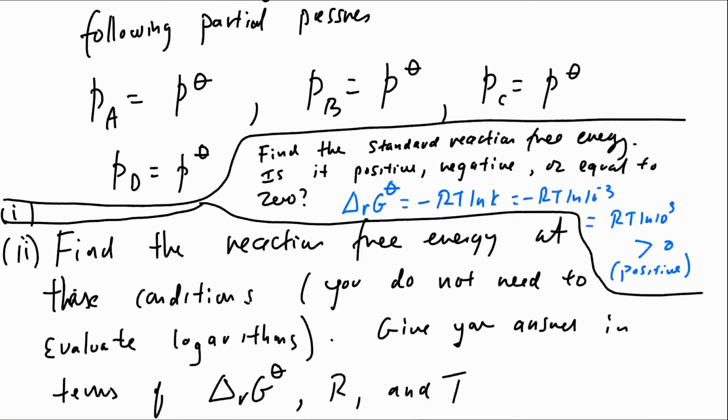for the standard state, because we know, and again it'll be on the back of the exam if we don't, that the standard reaction Gibbs free energy is minus RT log K, which is minus RT log of 10 to the minus third. It would be easy to take that logarithm if it was e to the minus third, but it's 10 to the minus third. Still, if your calculator helps you, by all means use it.